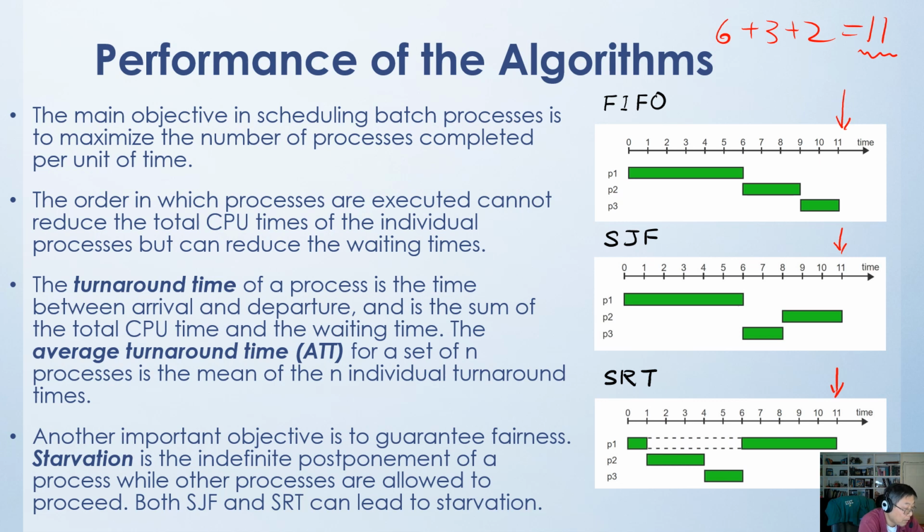So the order in which processes are executed cannot reduce the total CPU time of the individual processes, but can reduce the waiting time, like the turnaround time and the waiting time. So we measure the turnaround time, right? And we also measure the average turnaround time for each algorithm.